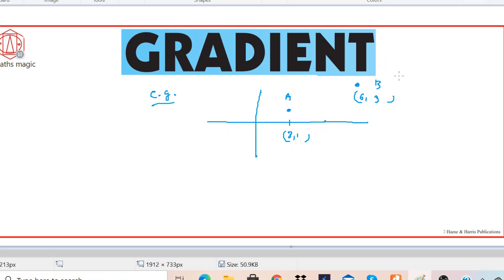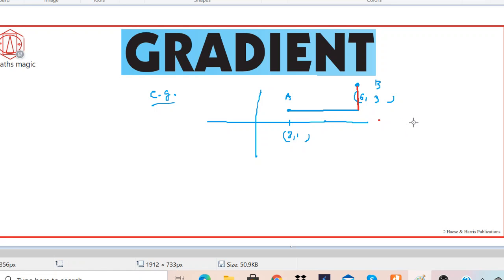Now you have to find the gradient or slope of this line. As I told you, you have to find vertical steps and horizontal steps. So let's say this much is horizontal steps and this is vertical steps.